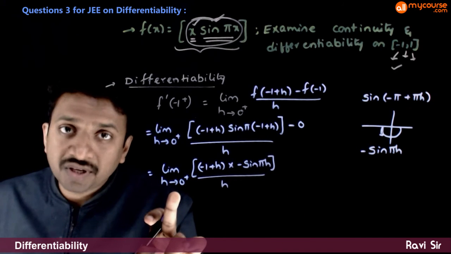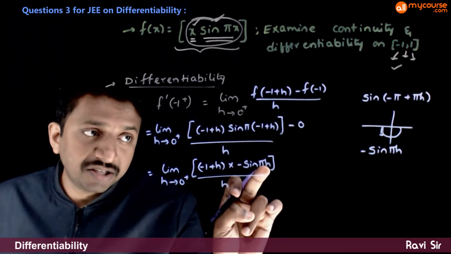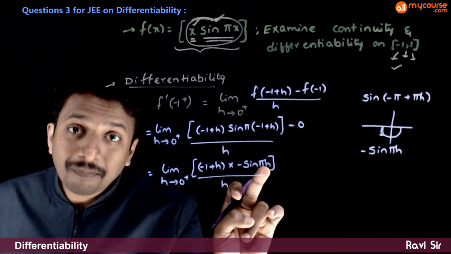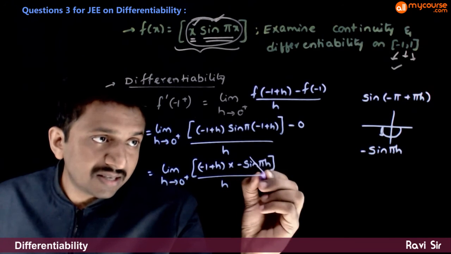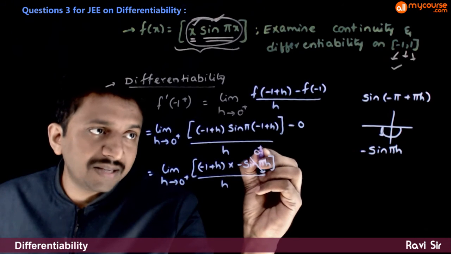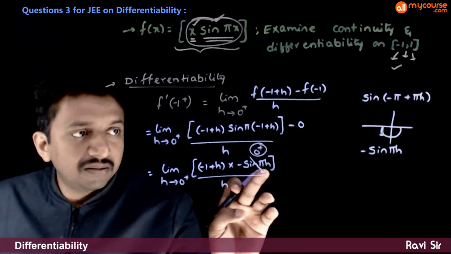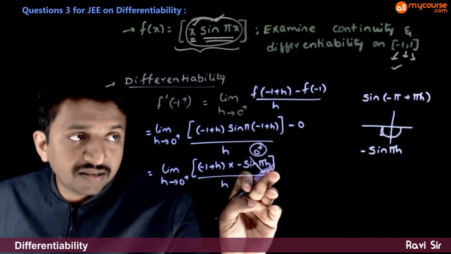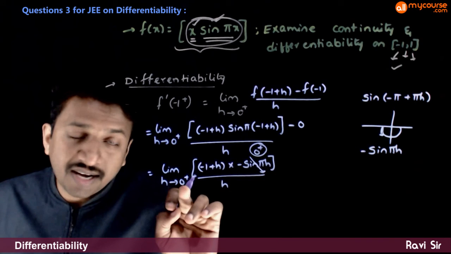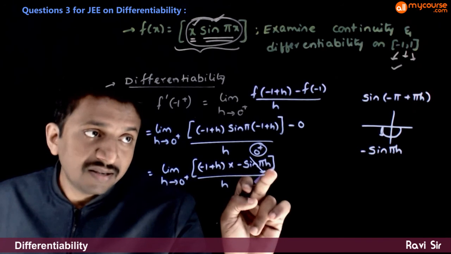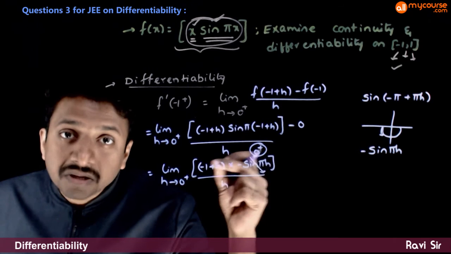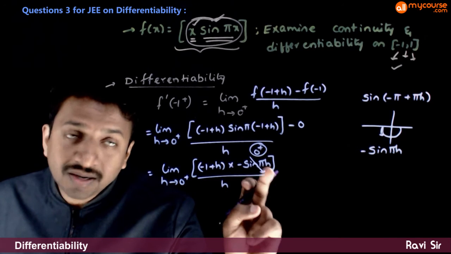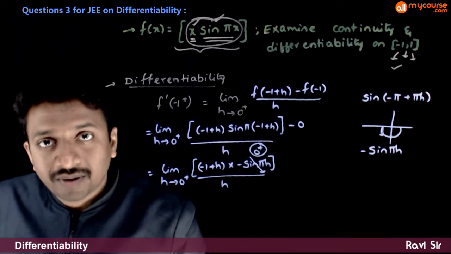As h tends to 0 plus, pi h tends to 0 plus, so sine pi h goes to 0 plus, in the first quadrant.